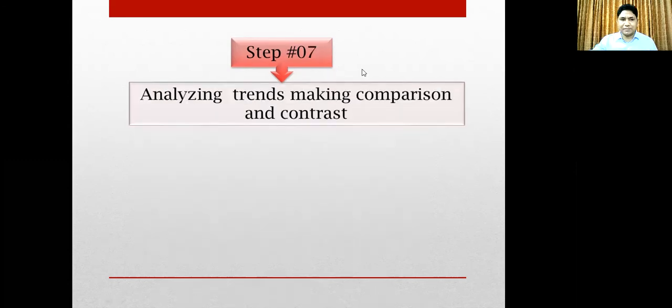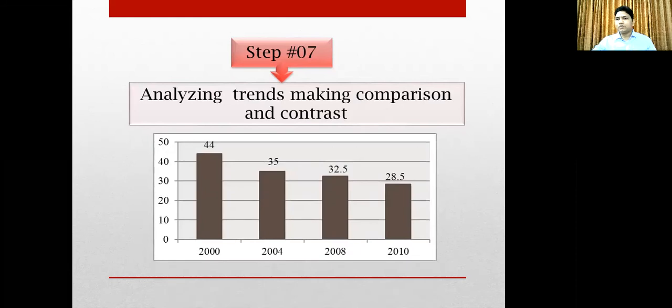Come to step 7, that is analyzing trends, making comparison and contrast. In step 7, you have to mention the similarity and dissimilarity, analyzing trends. That means that you have to make a compare and contrast using different bars or different charts. Have a look. This is your question paper.